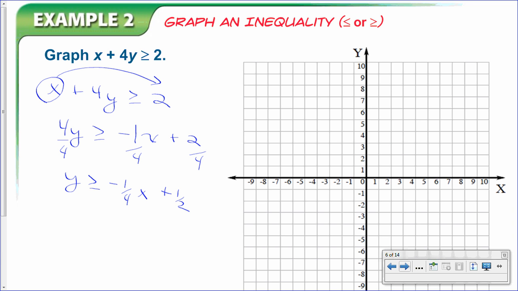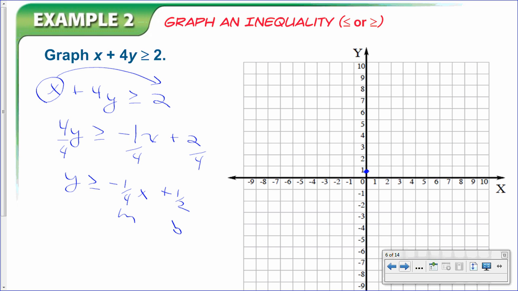This gets a little tricky because of where your starting point is and how you count your slope. So you guys watch this, pay attention. My b is a half, so I'm going to start right there in the middle, right? Now what's my line going to be doing? What's my slope?